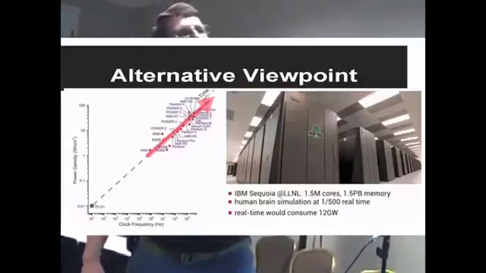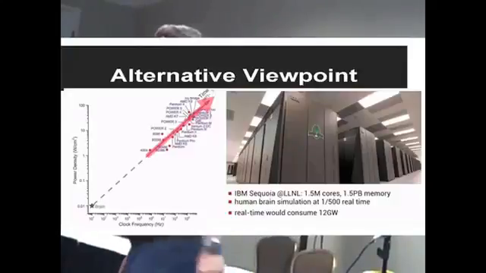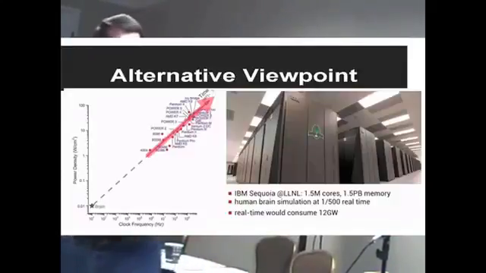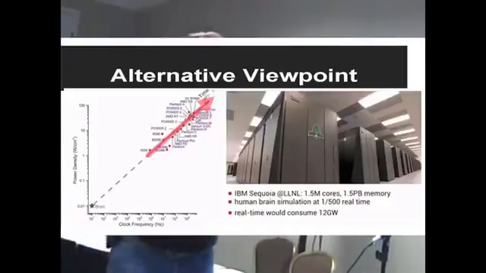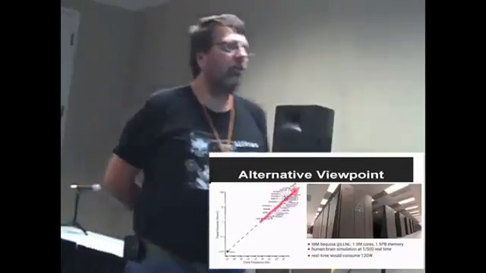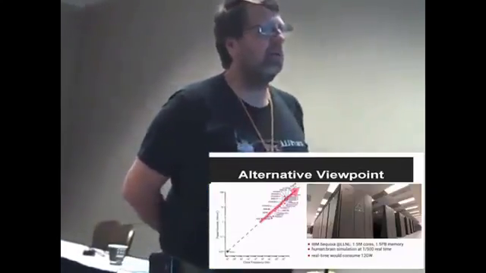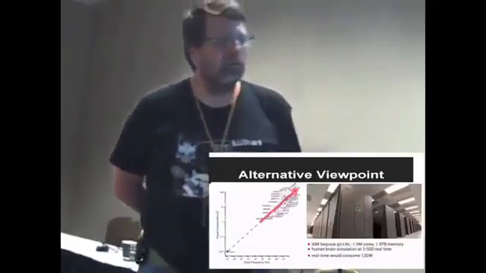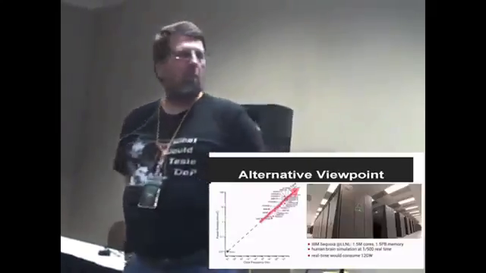I like to talk about this. This is sort of a different viewpoint of all of it. And say, there's also another problem that sort of goes against what Kurzweil is predicting, which is, this is a supercomputer made by IBM. It has 1.5 petabytes of memory in it.